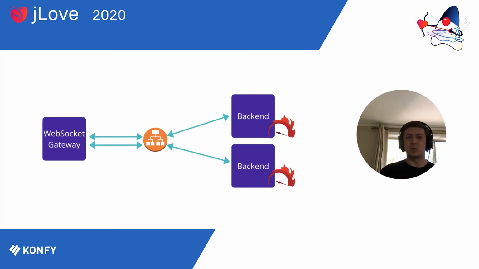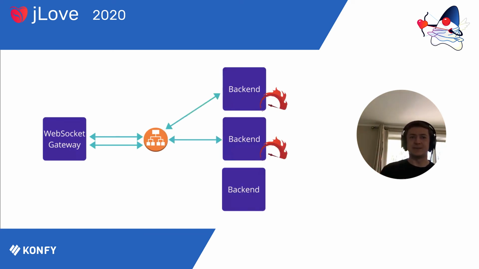Consider the situation when the load increases and the load on the backends crosses a certain threshold. So it's time to scale up. It's time to add a new instance. And the new backend starts, but doesn't receive any connections at all. So why's that? The reason is that the WebSocket gateway doesn't even know about that backend that has just started.